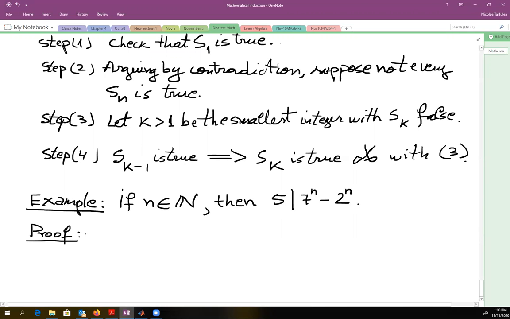So here is the proof. Let's prove this statement by our method, smallest counterexample.